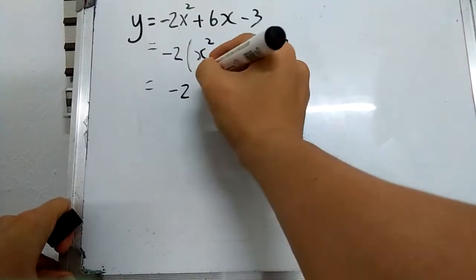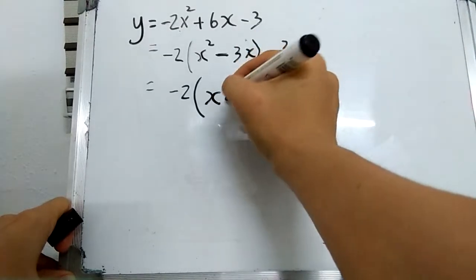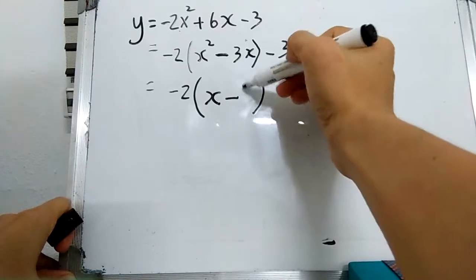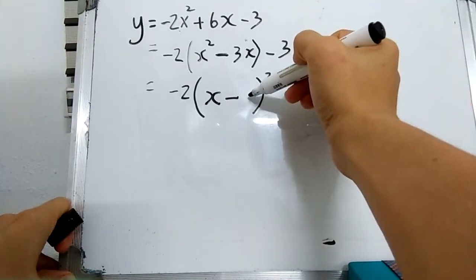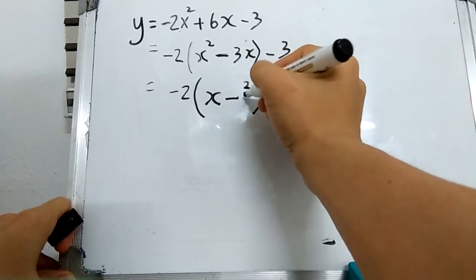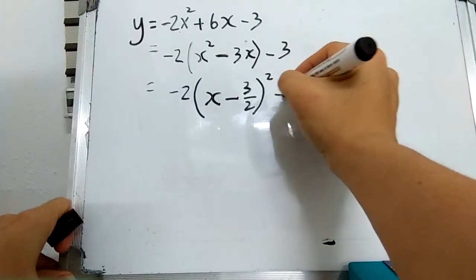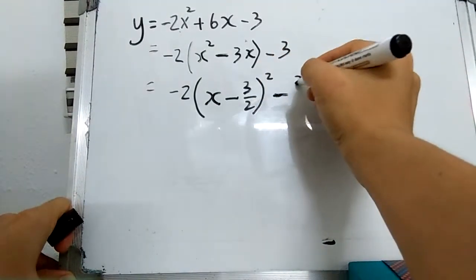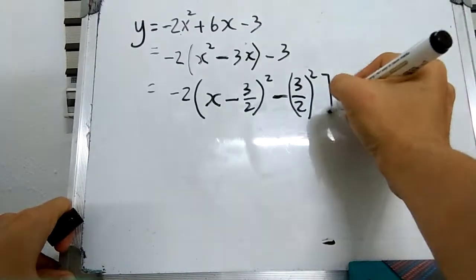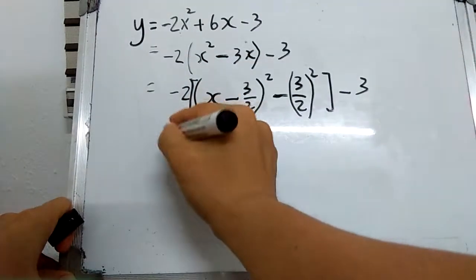The next step is basically the same thing. Now you will have a square here. What's the value of the term here? As usual, you have to half the value here, and that will give you 3 over 2, followed by minus 3 over 2 squared, minus 3.